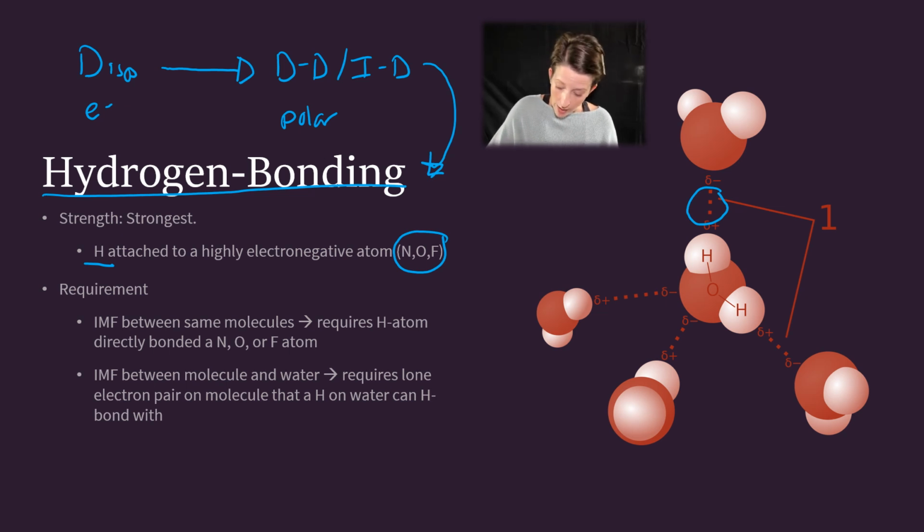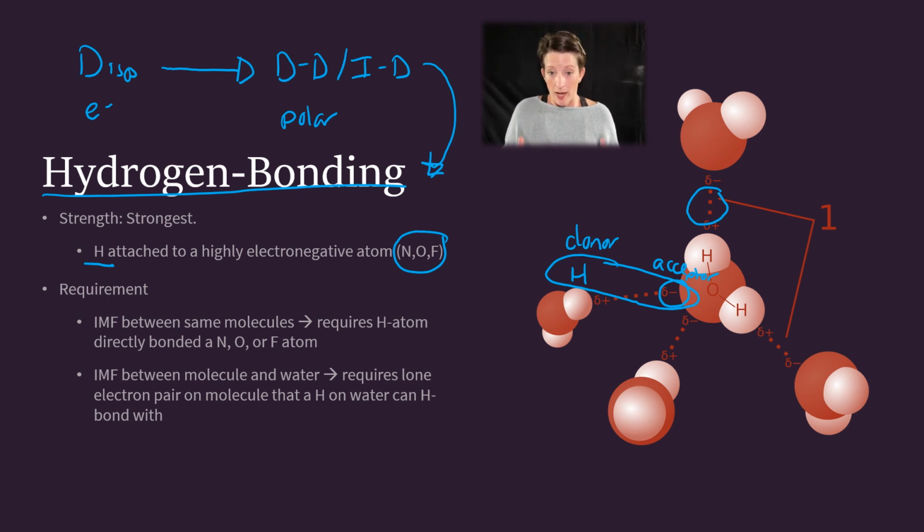So here we have H2O. The hydrogen on one water is called the donor, and the oxygen of a different water molecule is the acceptor. So this oxygen is accepting the hydrogen bond from a different water.